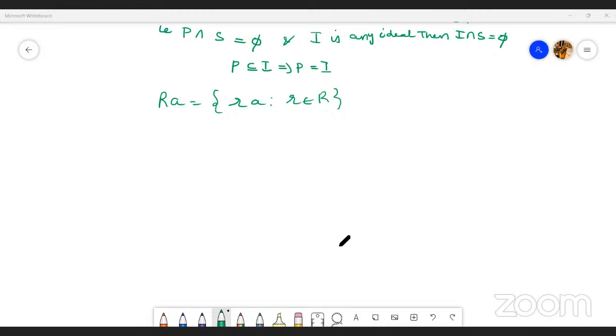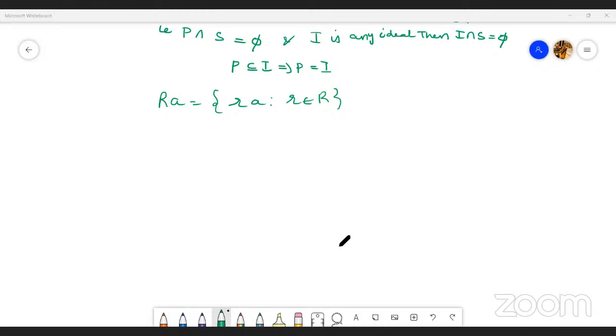So you have XY equal to P1P2 plus P1R2B plus R1AP2 plus R1R2AB. All these terms except R1R2AB are in P, so AB is also an element of S. If at all AB belongs to P, then XY also belongs to S intersection P. Why?